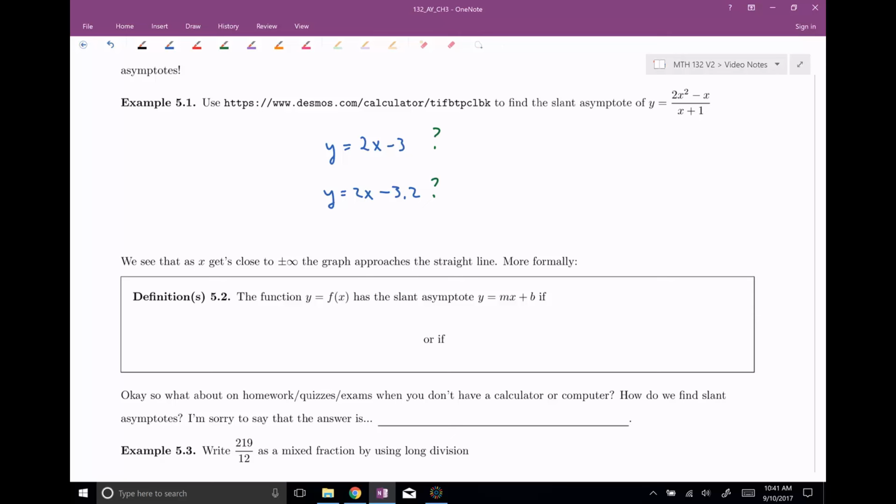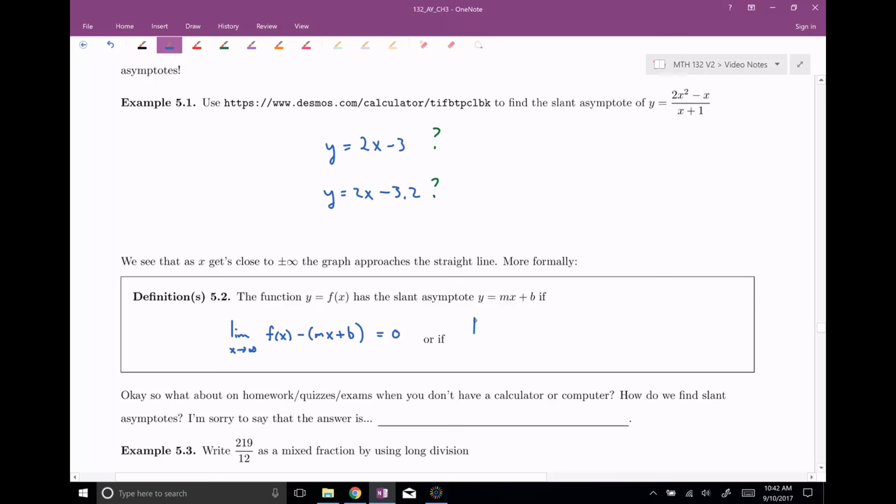We have a function y equals f of x that has a slant asymptote, y equals mx plus b, if as x goes to infinity, you take your f of x and subtract away that line, mx plus b, and this goes to 0. Their difference would be 0 as x gets very, very large.